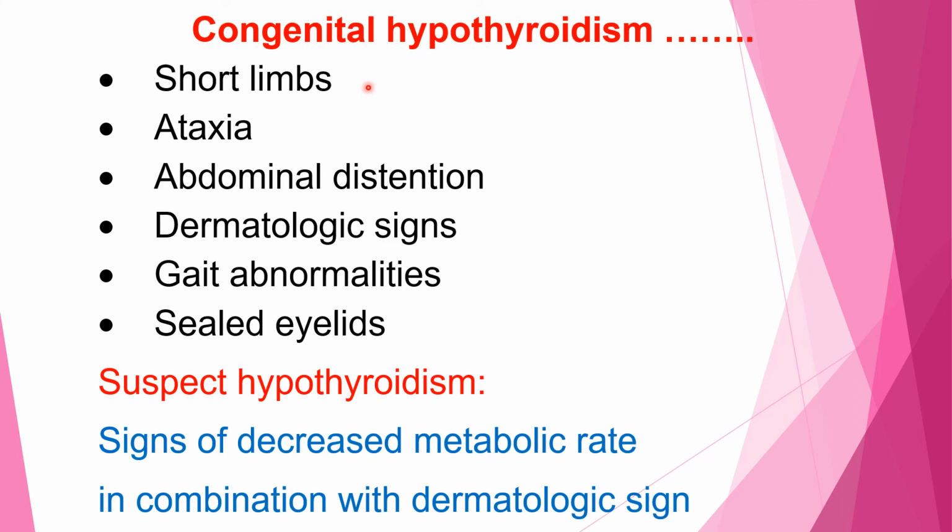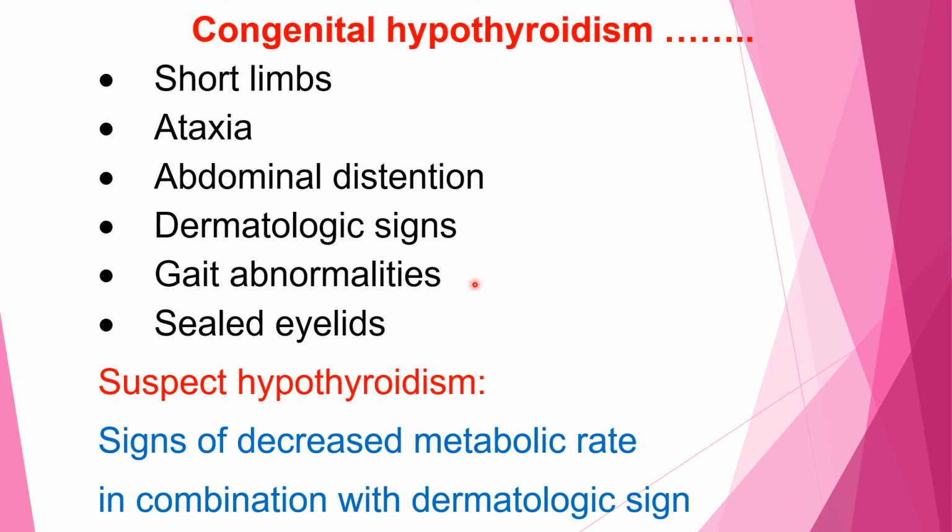Some dogs manifest comparatively short limbs, ataxia, abdominal distension, accompanied with dermatologic signs. We have already seen dermatologic signs in detail.